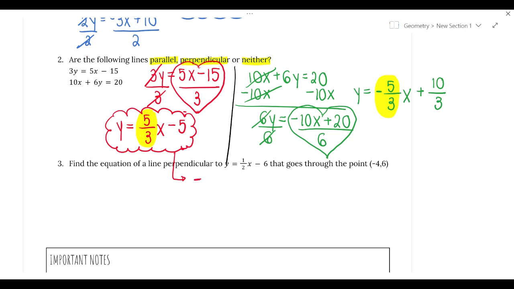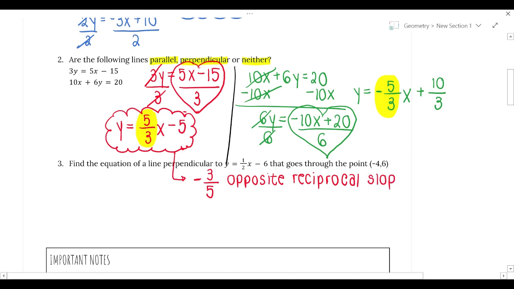And also, the reciprocal means you're flipping your fraction. So this would be the opposite reciprocal slope. And so since negative 3 over 5 is not the same thing as negative 5 over 3, these are not opposite reciprocal slopes. And so our final answer is that they are neither.